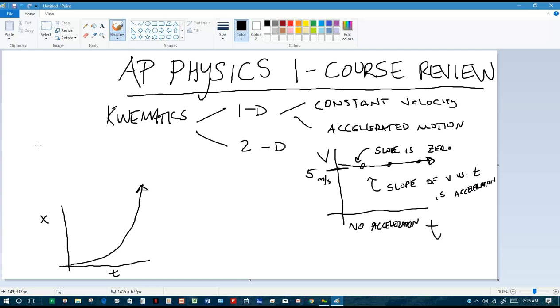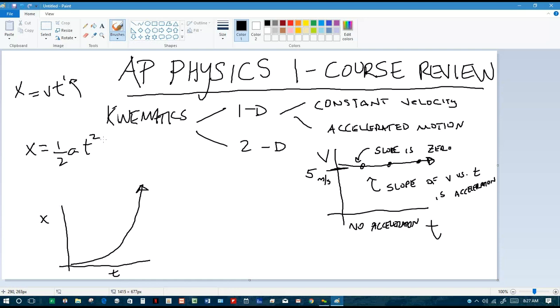It turns out that since it's curved, it has to be a power of 2 for t. For linear, x equals vt, t is raised to 1. That's the hallmark of linear. Anything that's linear is the first power. For something to be curved, this t exponent has to be 2, has to be squared, because any squared graph is curved. So it turns out that the formula is x equals 1/2 at squared.